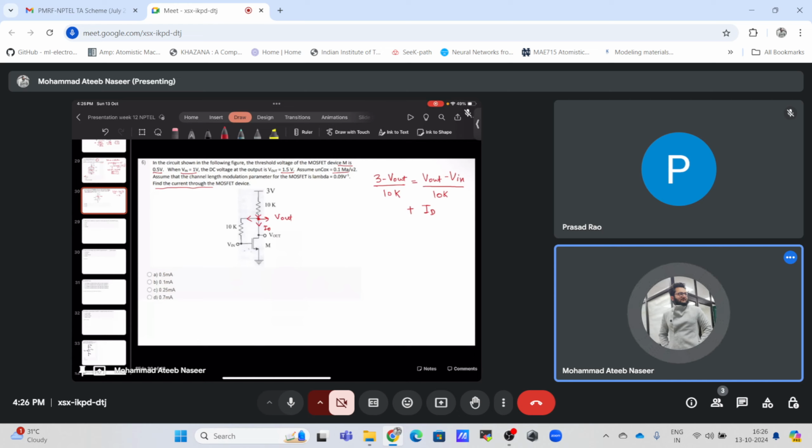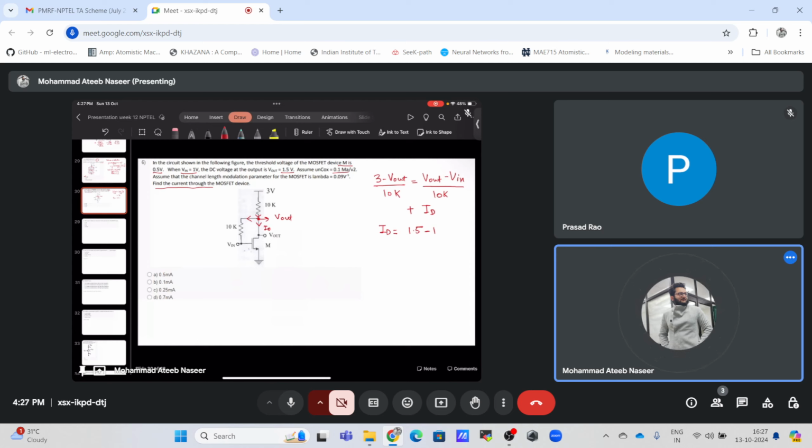So ID is simply equal to, Vout is simply 1.5, Vin is 1. So it's 2 minus 1.5 is 1.5 minus 1.